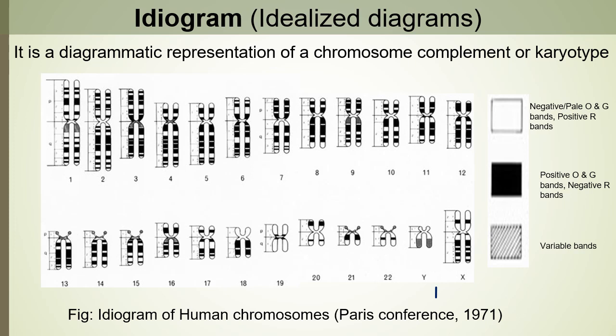Here in the diagram, the white band designates negative bands, the black color designates positive bands, and the striped appearance designates variable bands.